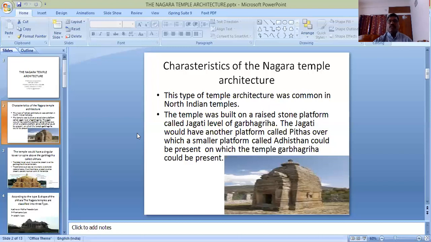That means the garbhagriha, the Pithas and the Jagati are just a single stone platform. That type of architecture is called Nagara temple architecture.